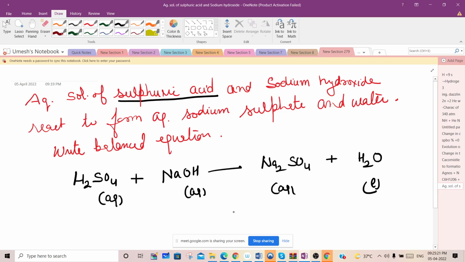Now balance the equation. Or is it already balanced? What do you think?